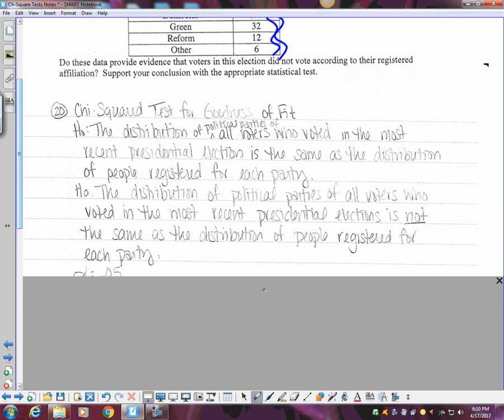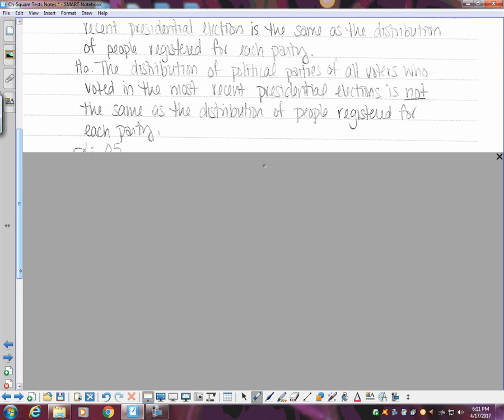H sub O, the distribution of political parties of all voters who voted in the most recent presidential election, again, don't be lazy, is the same as the distribution of people registered for each party. Be very careful about your wording and make sure it makes sense. Your H sub A, the distribution of all political parties of all voters who voted in the most recent presidential election is not the same. I set my alpha at 5%.